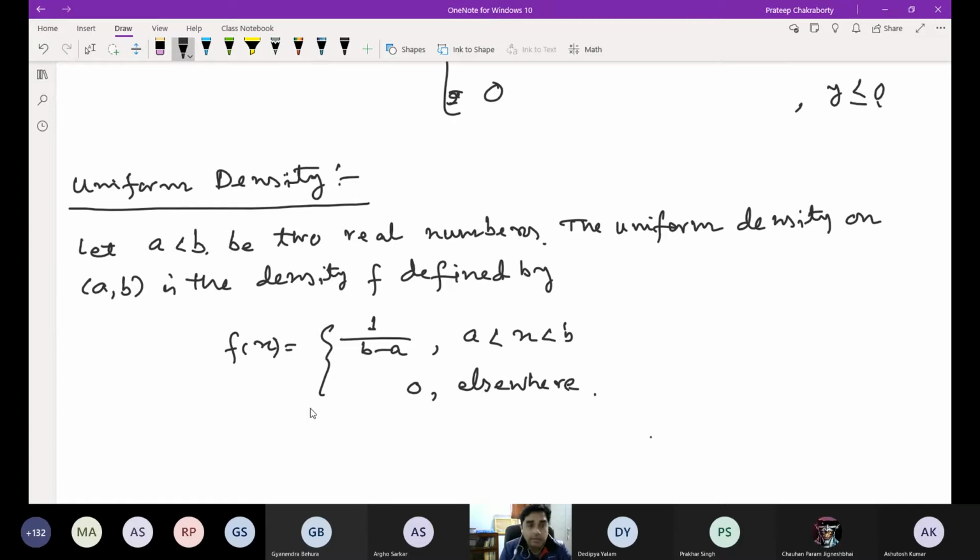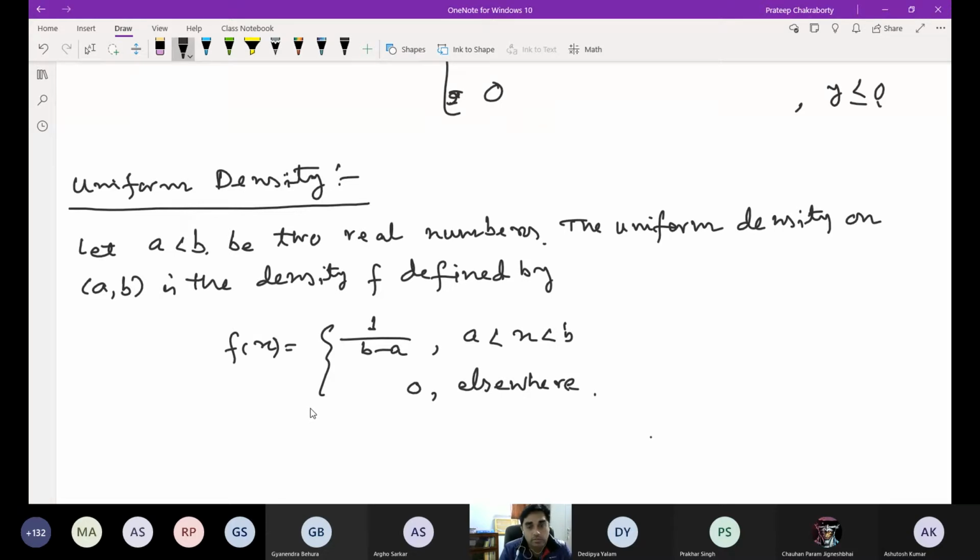We can define the density function only for two cases: discrete and continuous. All the major examples are either discrete or continuous. So for a continuous random variable, how do we define the density function?